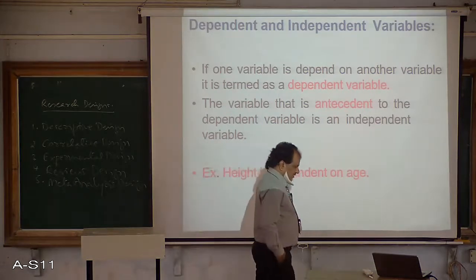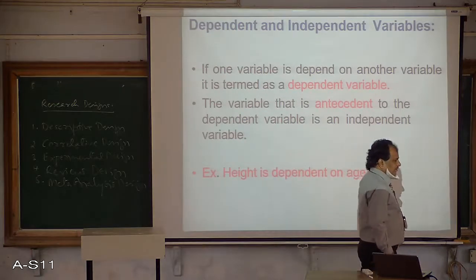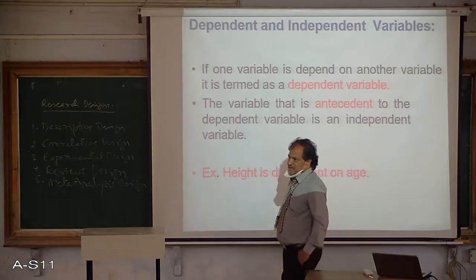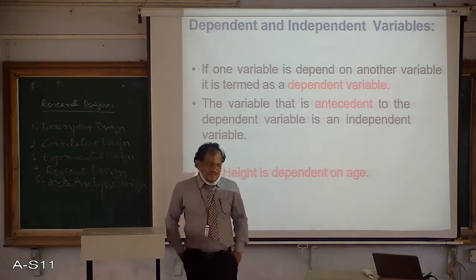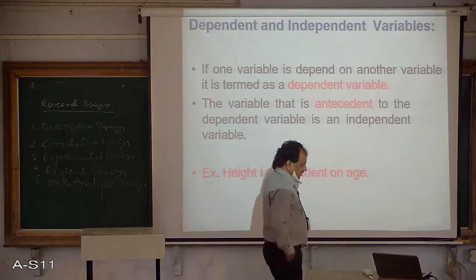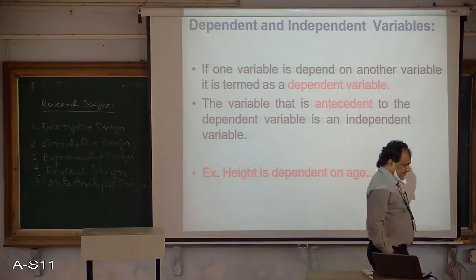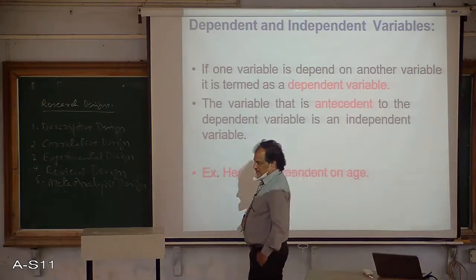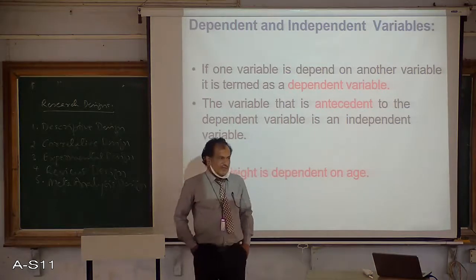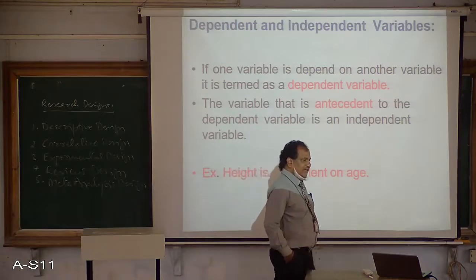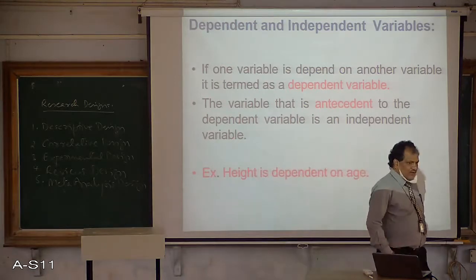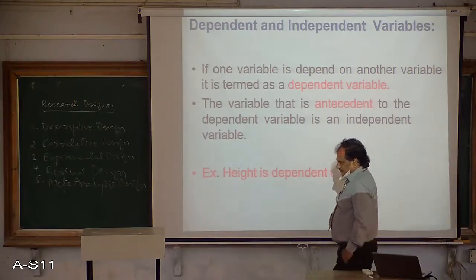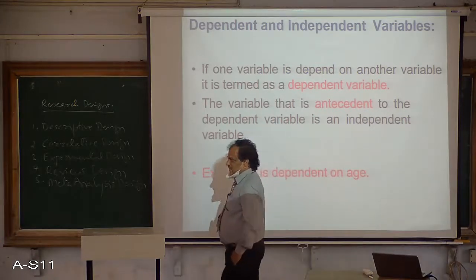Suppose a person lives in a particular city. In that case, say for example, if he is able to sustain or cope with the temperature condition of that particular city, like Delhi, if he is going to stay there, then there are two variables: the person who is staying there and the city.